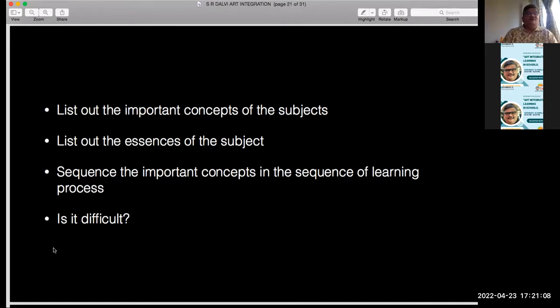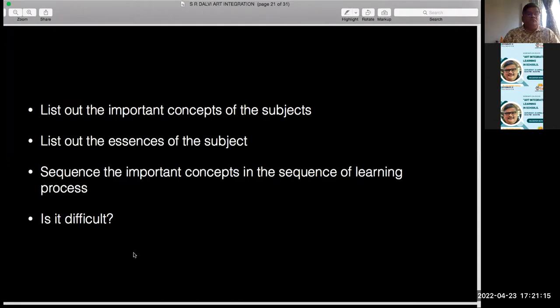Once you make a list of concepts, then also list the essential things, the essences of the subject. And then we are going to sequence all the concepts in a learning process.